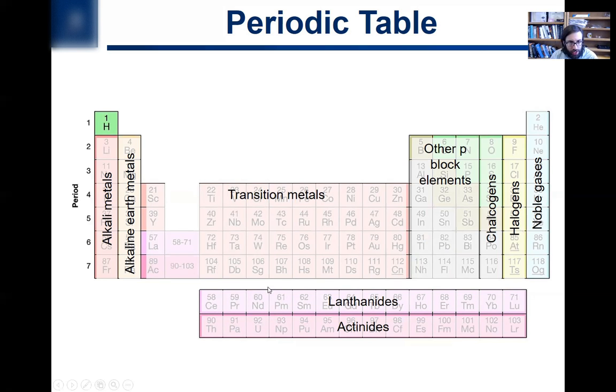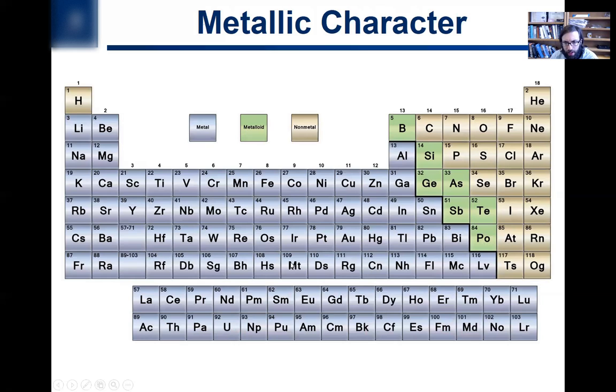So yeah, that's sort of the big picture organization of the periodic table. We're going to talk about a bunch of different periodic trends. And so the first is the metallic character. With the exception of hydrogen, all the elements on the left side of the periodic table are metals. And what does that mean, right?